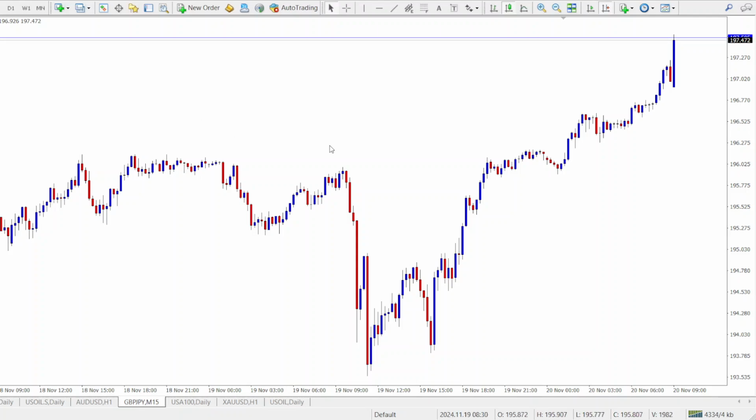These give you a detailed view of price movements, allowing you to spot patterns quickly. So it's also important that you pay close attention to candlestick patterns and key levels of support and resistance. These are your roadmap for identifying potential entry and exit points.